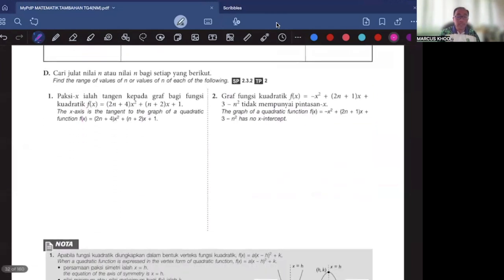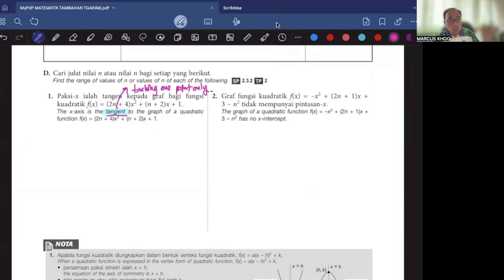Let's go for question D. Find the range of the values of n for each of the following. The x-axis is tangent to the graph of a quadratic equation. Now, when we talk about the word tangent, tangent means touching 1 point only.